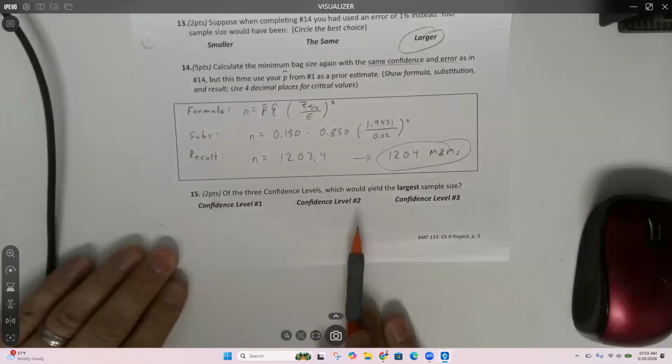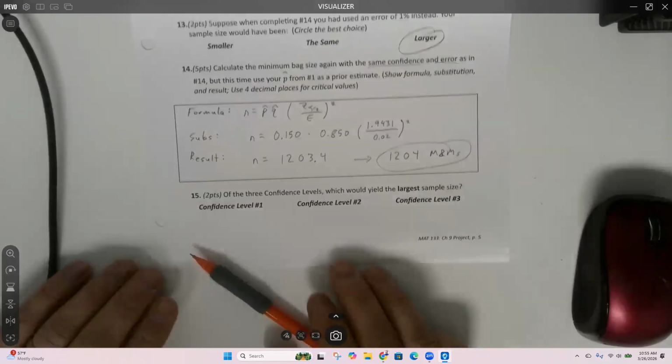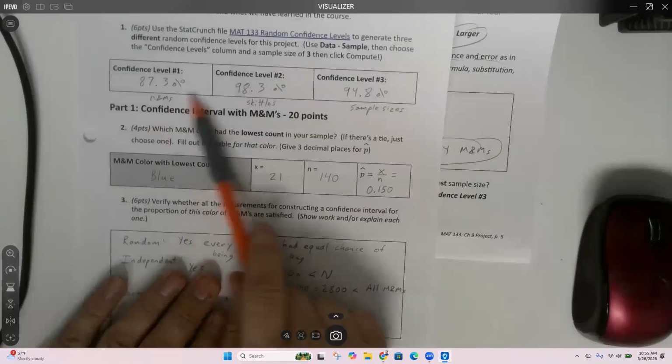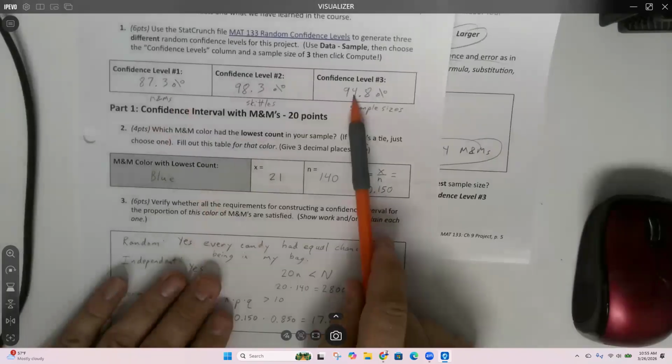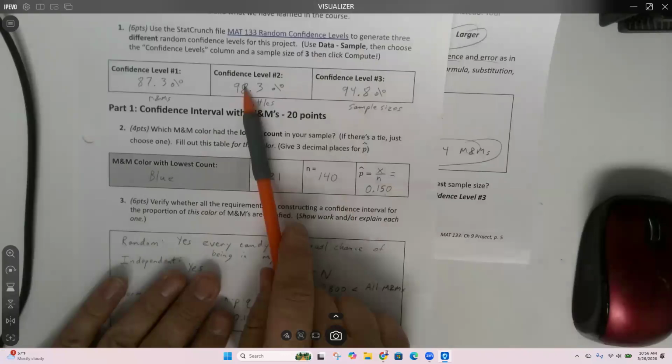Of the 3 confidence levels, which would yield the largest sample size? So these are the confidence levels that I had. And we said that a larger sample size means more accurate. So in my case, the most accurate one is this one. 98 is my biggest one.